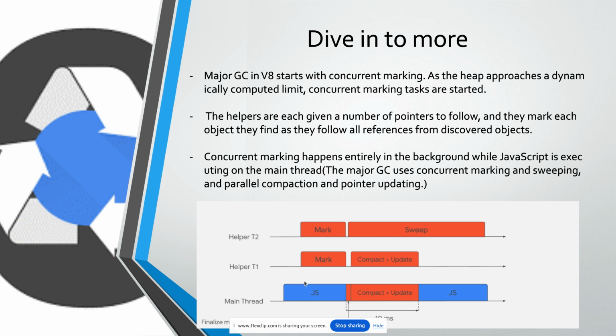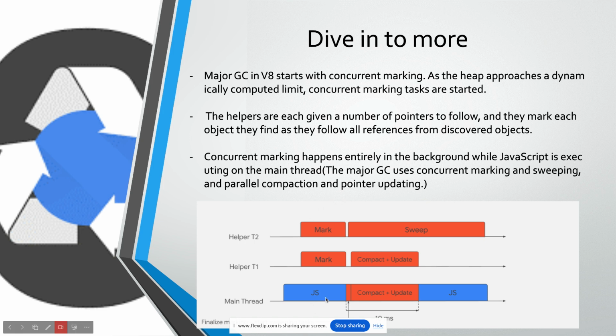So there's JavaScript on the main thread, and there are helper threads. Even while the JavaScript is running, the marking is going on, so the garbage collector knows which objects are marked or not.